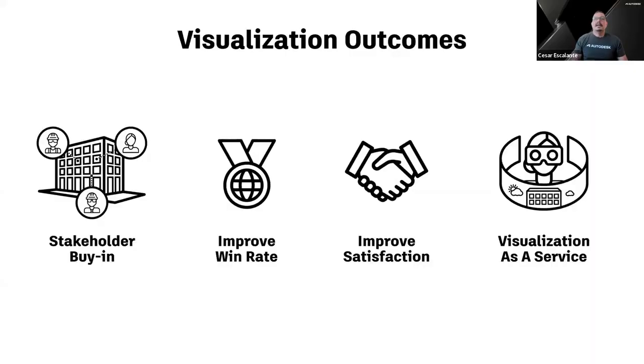Absolutely. Thank you, David. Before we jump into the visualization capabilities, we must focus on the business results that customers realize when they use Autodesk visualization technology. Our job at Autodesk is to provide intuitive, powerful, accessible technology that enable architects to achieve better results in their deliverables, business, and their impact in the built environment.